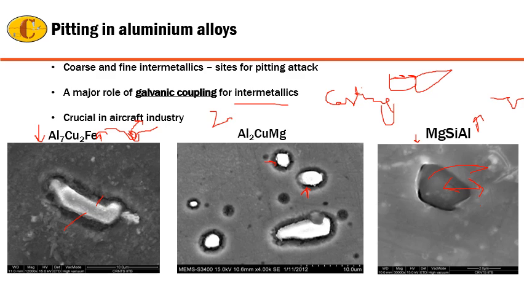Here it is dual way. So the Mg is anodic, and here the Mg will first dissolve. Then you only have aluminium and copper. So here now aluminium is anodic. So now the surrounding area matrix will dissolve and the copper will remain in the intermetallic.